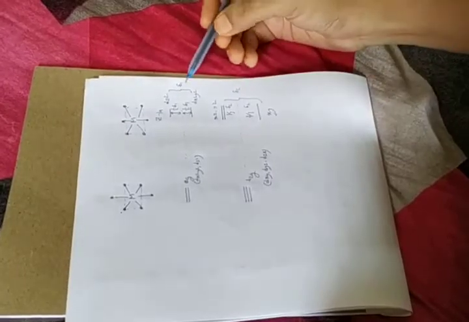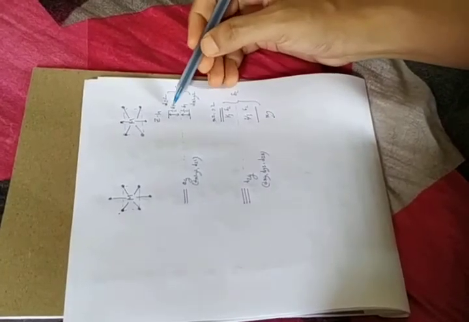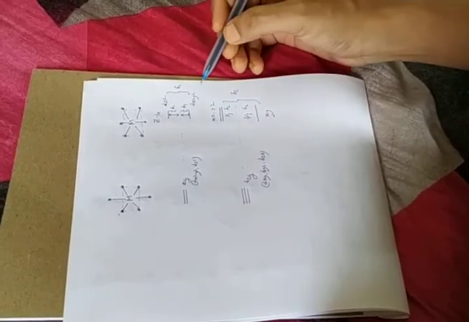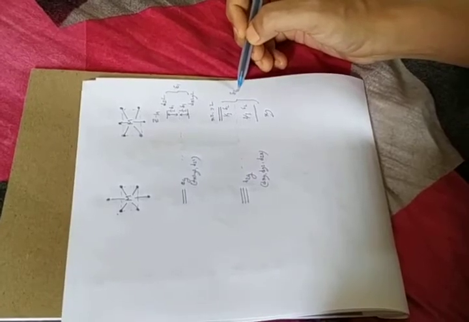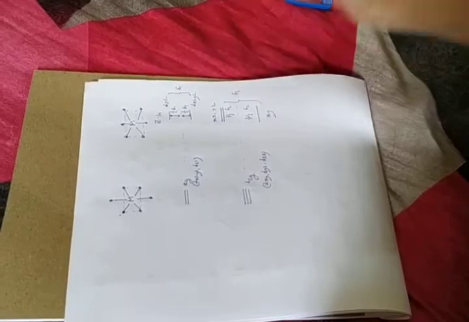Though here it looks like the energy difference between these two levels is quite the same, actually delta 2 is less than delta 1. Okay, delta 2 is less than delta 1.